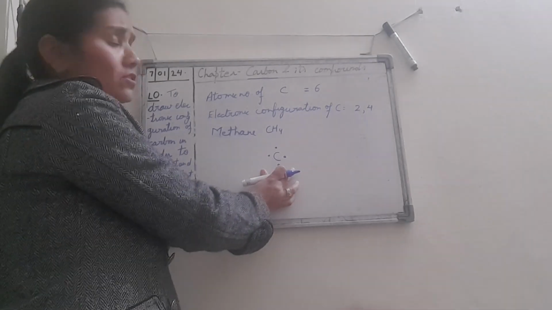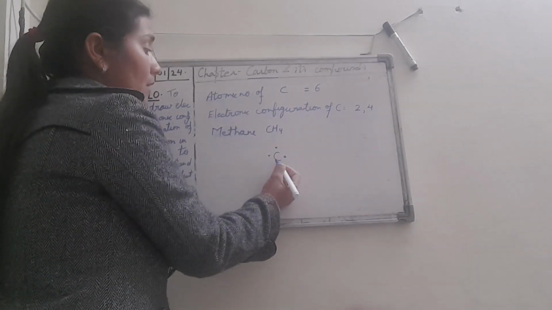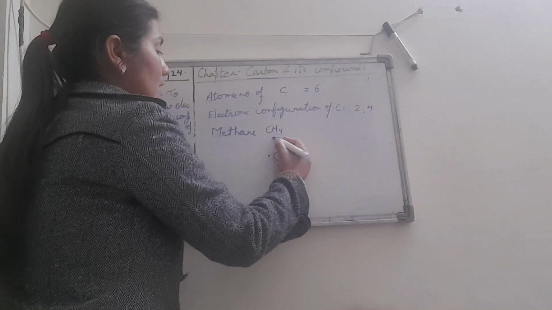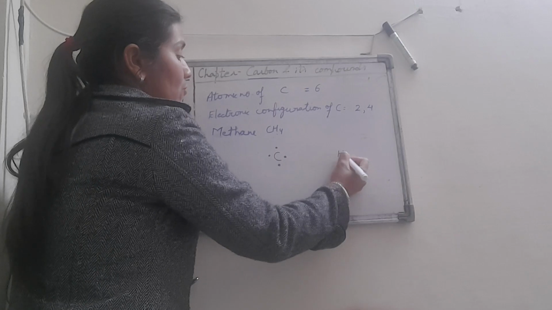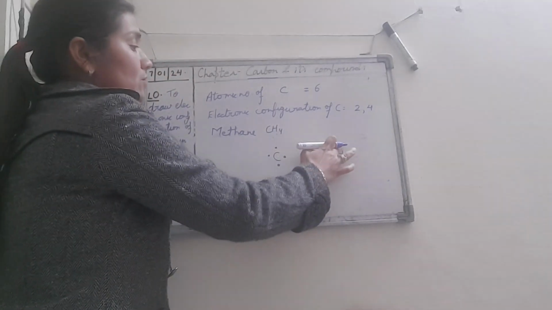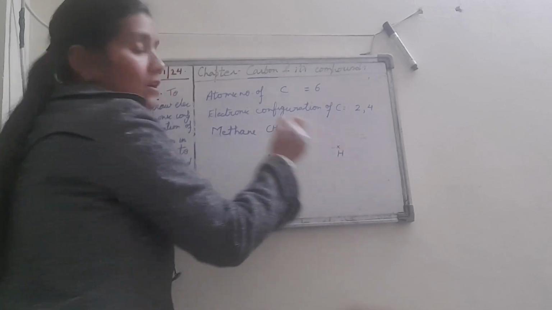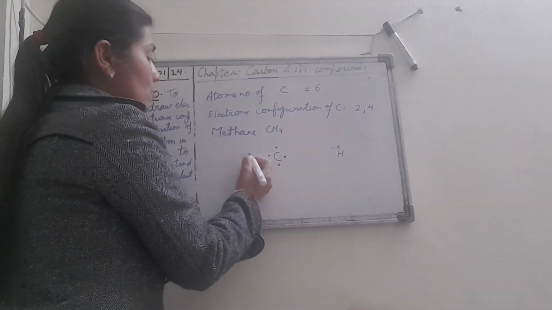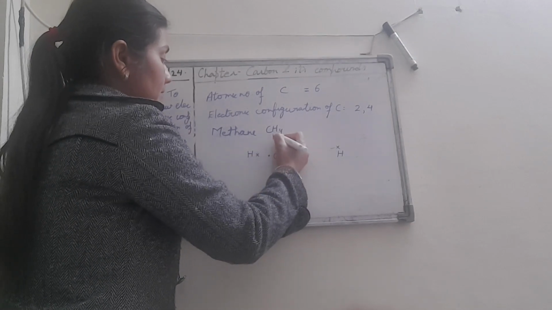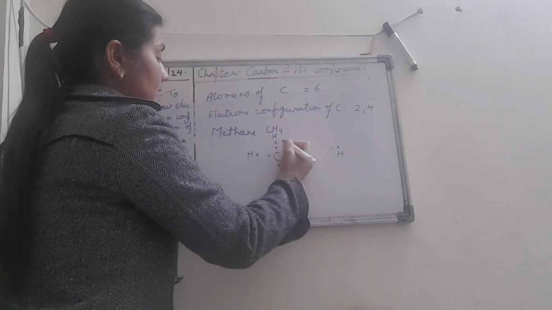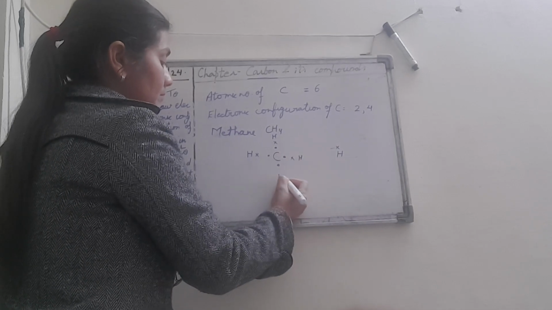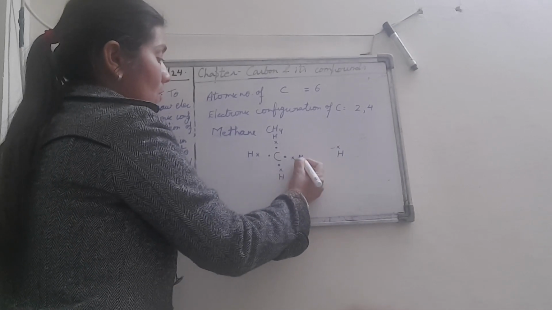We have discussed electron dot structure in previous chapters, right? And if we draw the electron dot structure of hydrogen, it will be H dot. So just to differentiate, we can use cross, right? So here we can write like this.